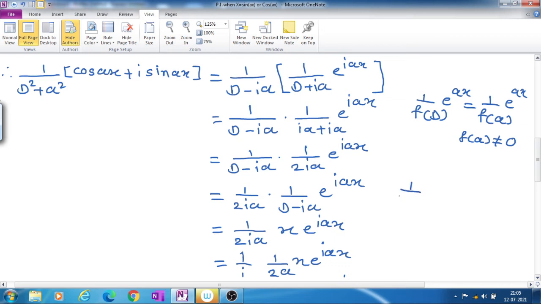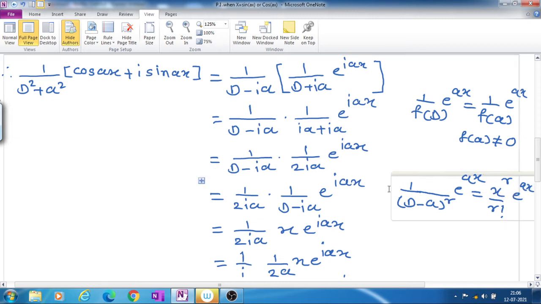That is when there are factors d minus a, r times, operates on e raised to ax, at that time we have the formula that it is equal to, if there are r factors, then x raised to r divided by r factorial into e raised to ax.